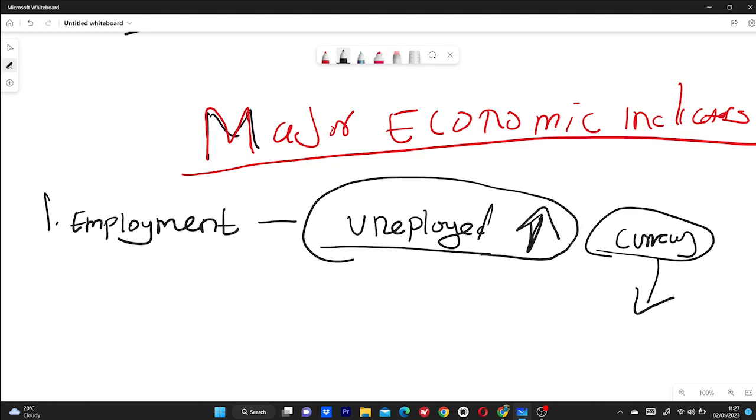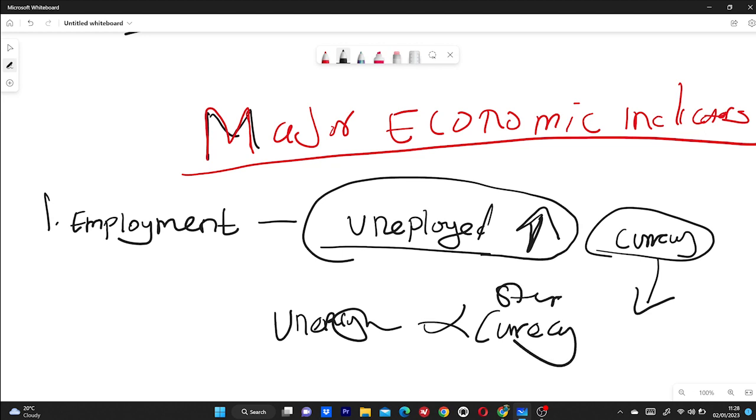In a country where many people are not employed, poverty is there and they don't have money to spend, which drives the currency to weaken. So you can say unemployment is inversely proportional to the strength of the currency.